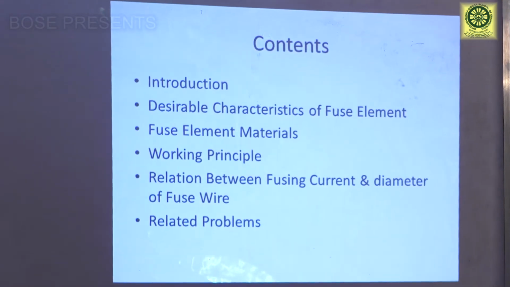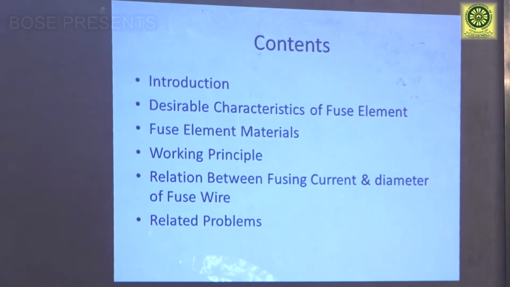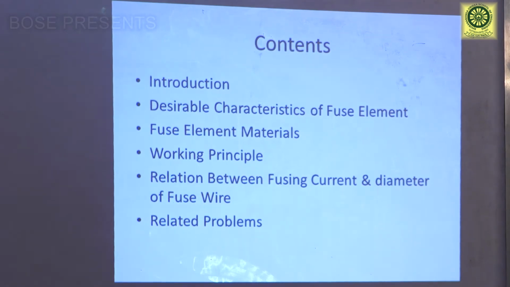Before going to the fuses in detail, I will tell you regarding your introduction, then I will discuss about the characteristics of fuse elements, then I will tell you what are the materials used in fuse wire, then I will discuss in brief the working principle, then I will derive a relation between your fusing current and diameter of the fuse wire. Finally, I will solve the problem.